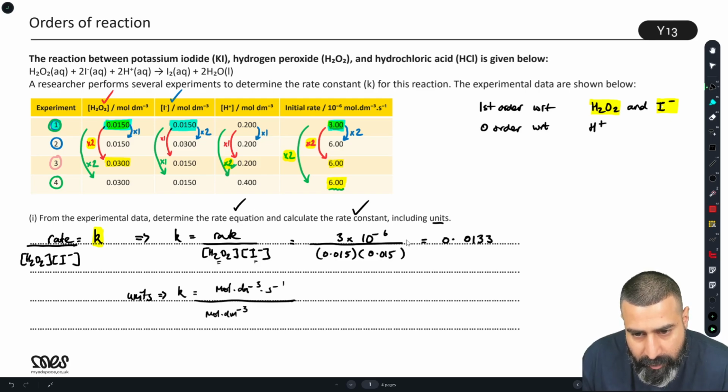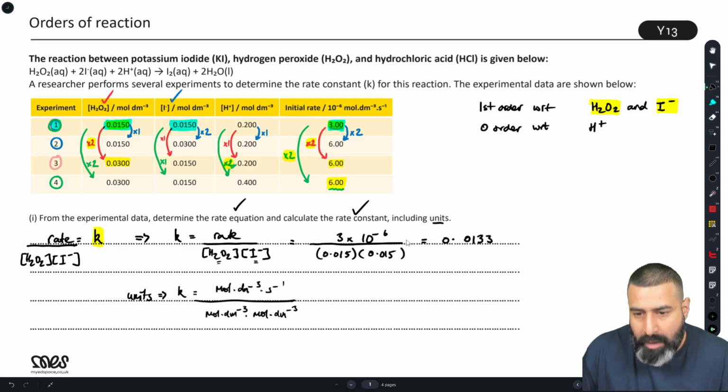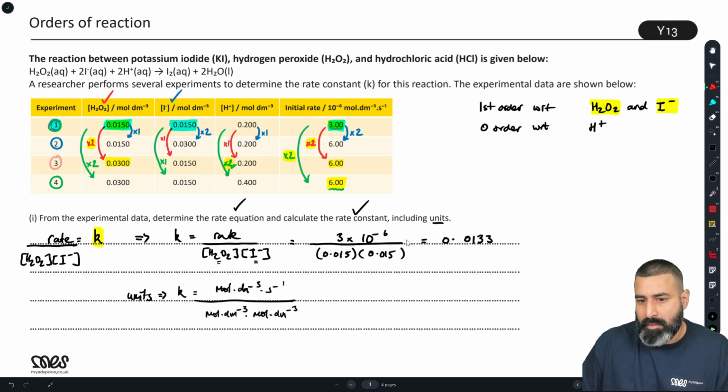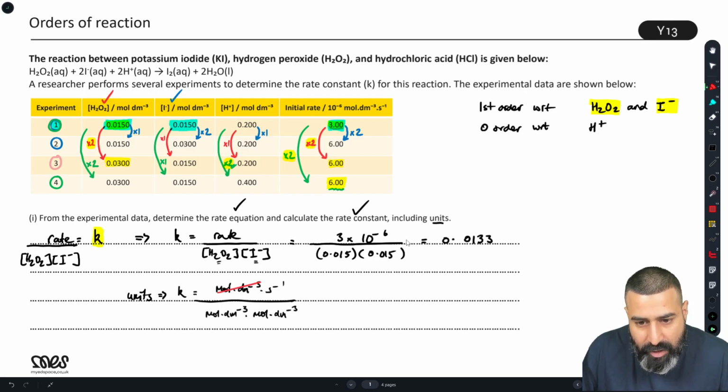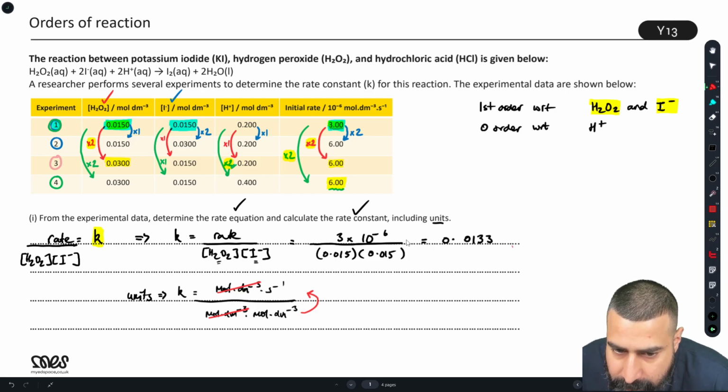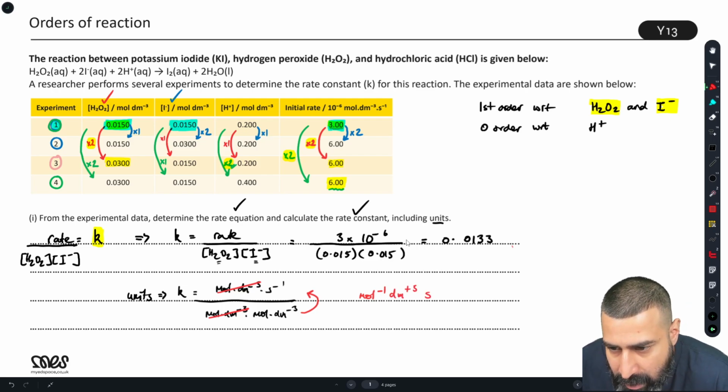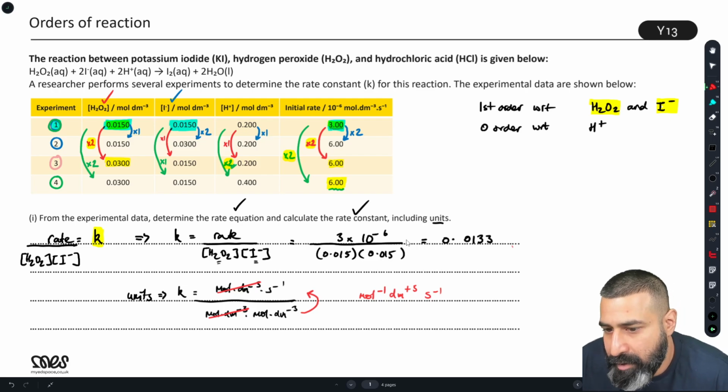And for I minus also has units of moles per decimeter cubed. Okay, so this moles per decimeter cubed at the top can cancel out. And then if we bring this term up, because we've got the reciprocal, this is going to be mole to the minus 1 dm plus 3 s to the minus 1, and those are my units.